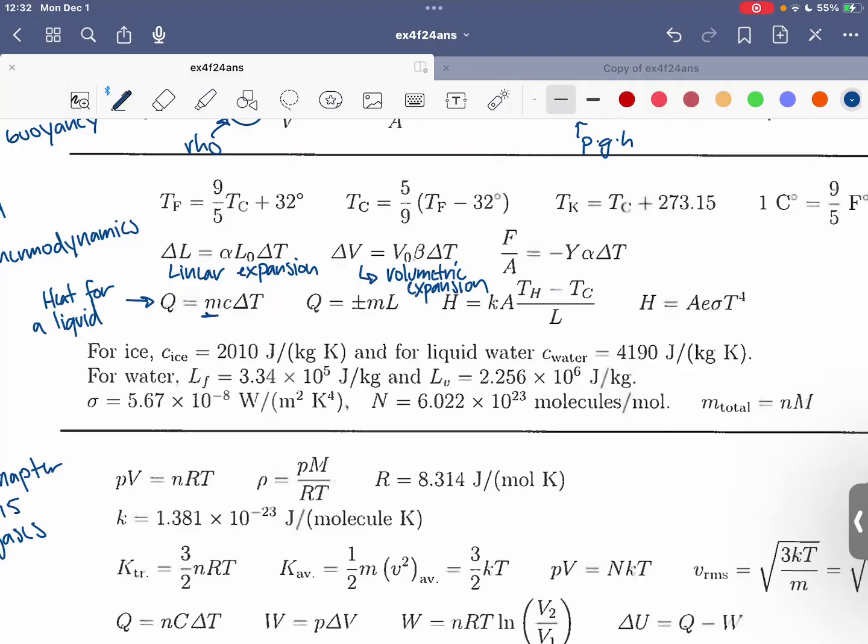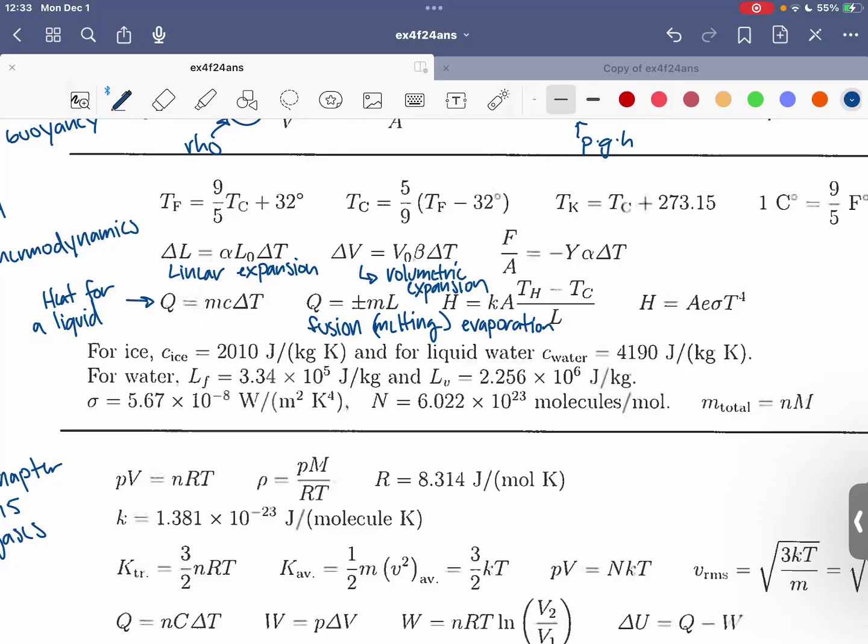That's where this mass is coming from. And then C is your specific heat, right? This one right here is for fusion, which is melting, or evaporation, so boiling, however you want to say it.